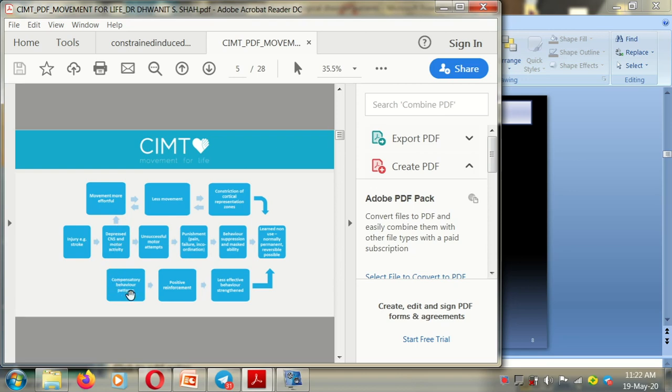The patient develops compensatory behavior patterns, with positive reinforcement on the unaffected side and less effective behavior being pinned down. This makes movement more effortful, with very little movement possible on the affected side, and there is a constriction of the cortical representation zones in the brain. All of that leads to learned non-use of the affected limb, which seems permanent, but reversal is possible.